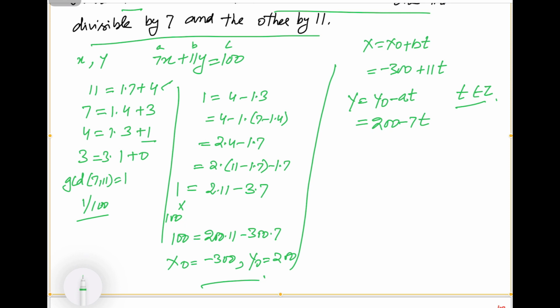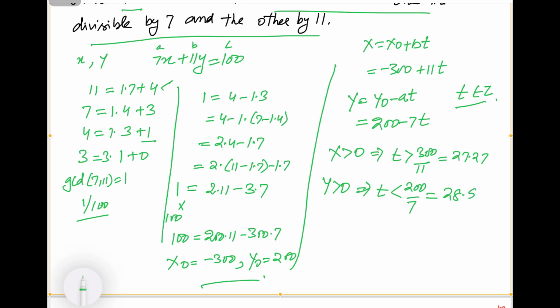Now to get a positive solution, we put x greater than 0, implies t is greater than 300 by 11, that is 27.27. Now y greater than 0 implies t is less than 200 by 7, that is 28.57.